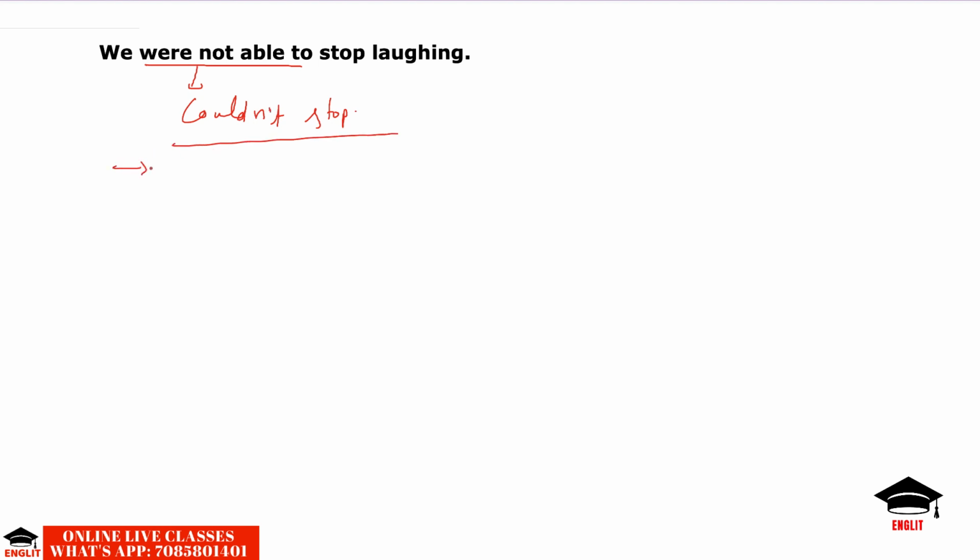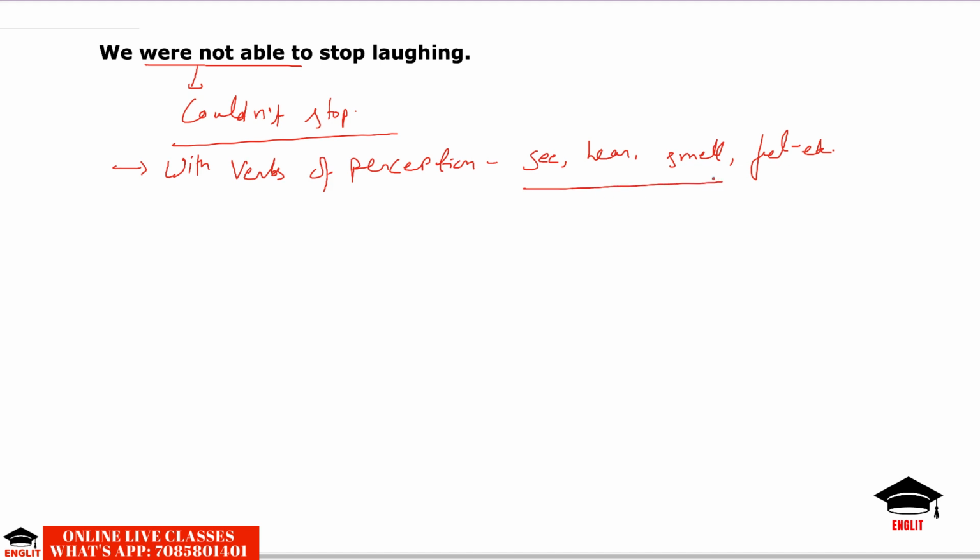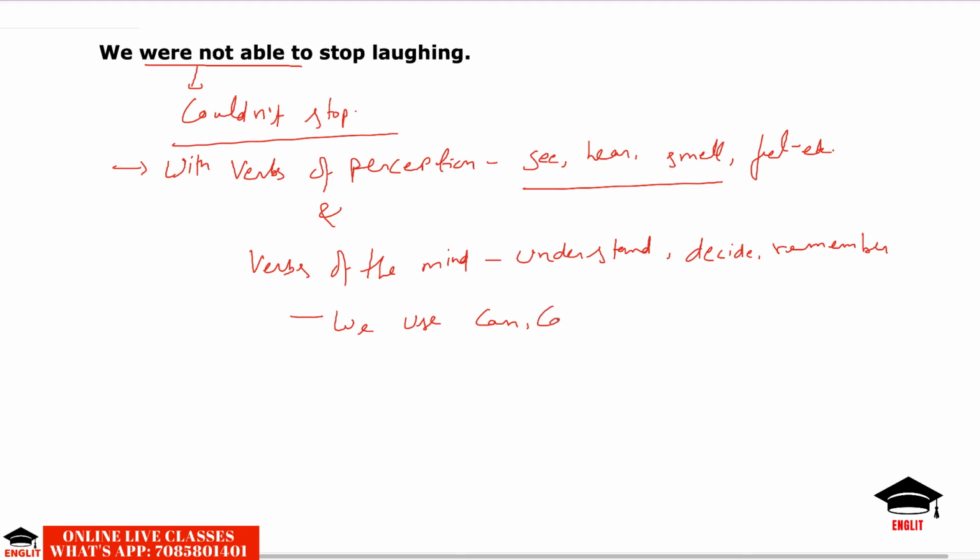Actually, with the verbs of perception like see, hear, smell, feel, etc. These are verbs of perception, and the verbs of the mind like understand, decide, remember, or forget, etc. We use can or cannot, or could or could not, rather than is, am, are, was, were not able to.